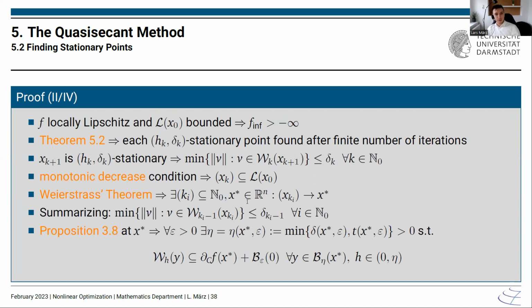And now we can apply proposition 3.8, which was one of these technical propositions from before. What is important about that is that in a neighborhood of that limit point of radius eta, we are actually more or less within the Clarke subdifferential for any length that is small enough.